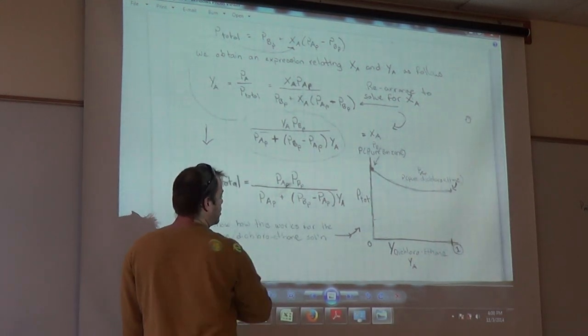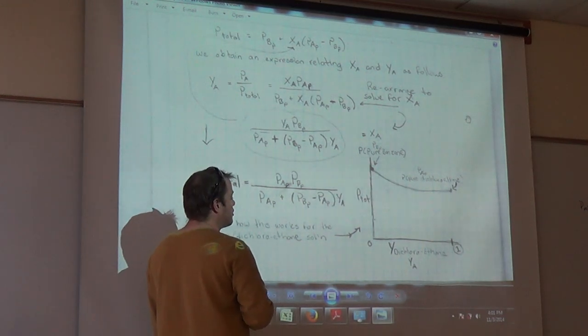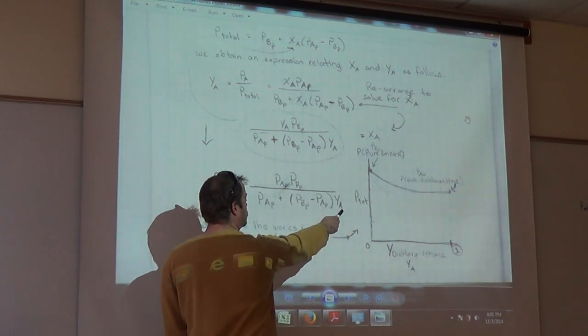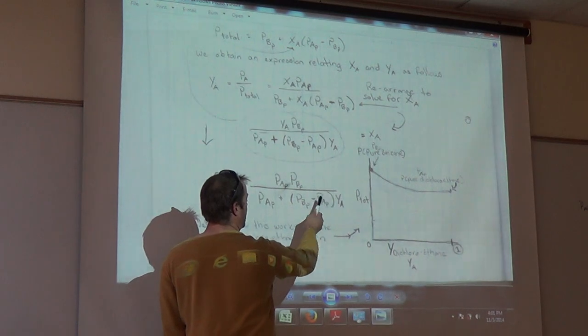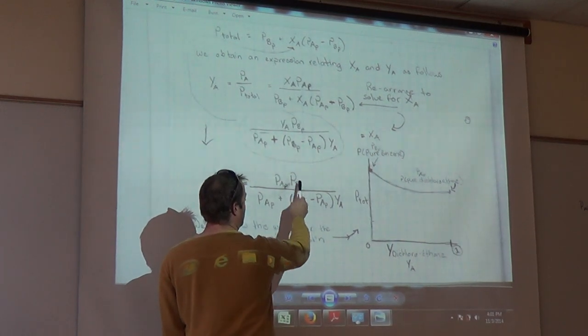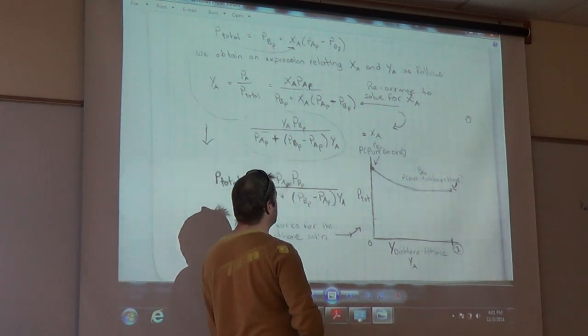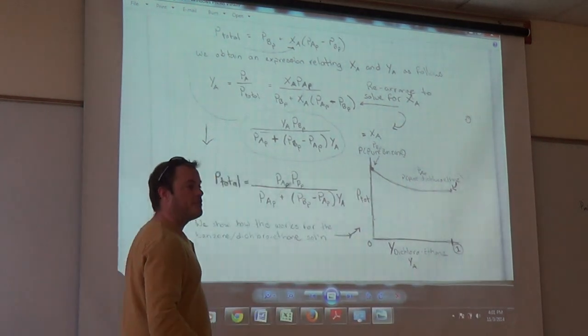Check to see that it obeys the expected behavior in the appropriate limits. If we go to YA equal to 1, then this is PA minus PA plus PV, PV over PA is PA, and we find out that this whole expression reduces to simply the pressure of component A in the pure, right?